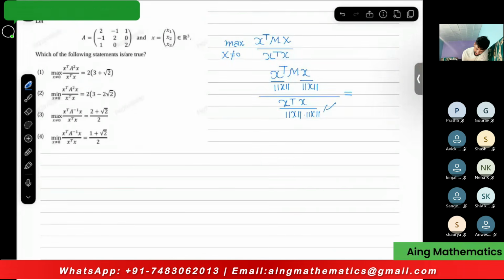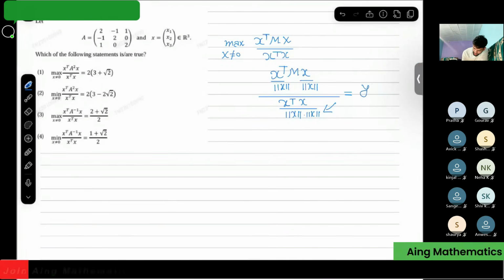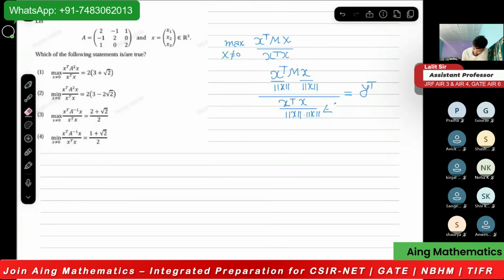This thing is 1, right? And this comes out to be X transpose, and this is a unit vector, let us denote it by Y, M, Y, right?